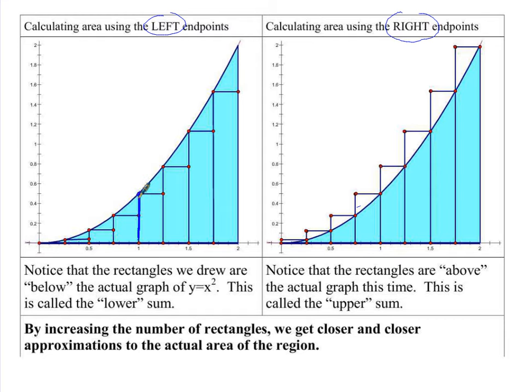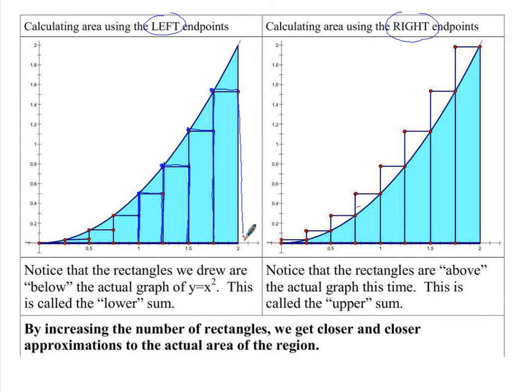And it comes up and touches the curve. Then it goes over and forms the rectangle and comes back down. The next rectangle is sharing this side right here, but then it's continuing to go up and touch the curve on the left side of that next rectangle. Then it comes over and comes back down. And each subsequent rectangle after that is formed in the same way. The left side of the new rectangle comes up, touches the curve, over and down.